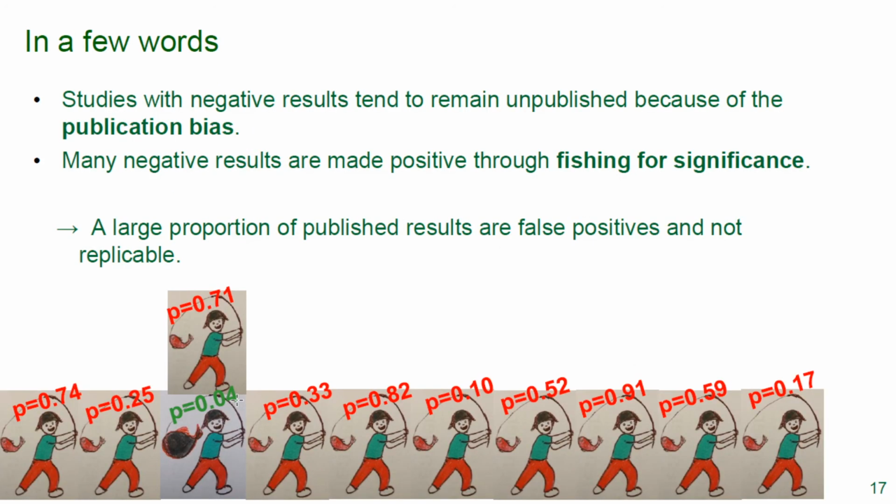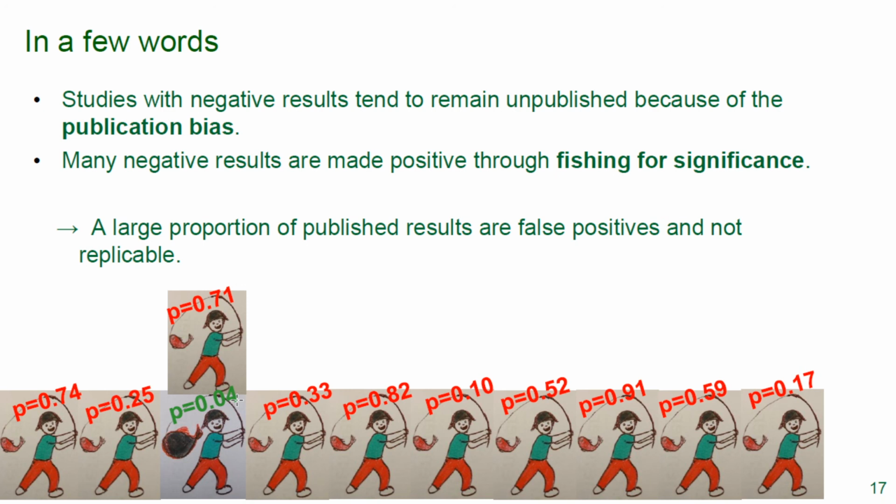In a few words, to conclude, studies with negative results tend to remain unpublished because of the publication bias, and many negative results are made positive through fishing for significance. On the whole, these mechanisms lead to a large proportion of published results that are actually false positives and that are not replicable.